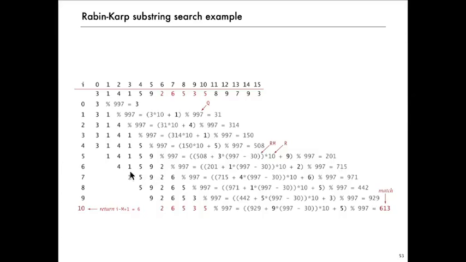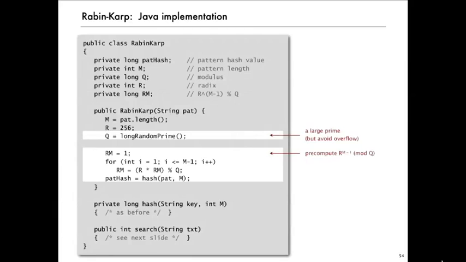So for example, this is the case that we just did: 41592 mod 997 is done exactly as we said. We subtract and then add and then multiply by the radix mod 997. So doing those calculations all the way through the search, we eventually get to a match.